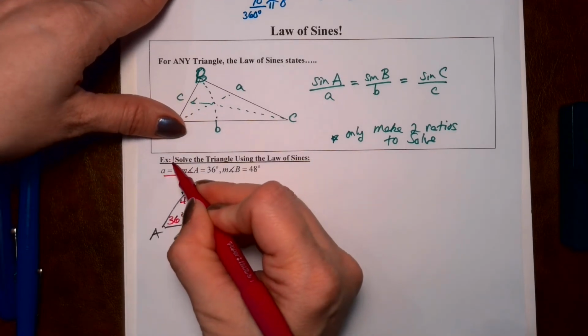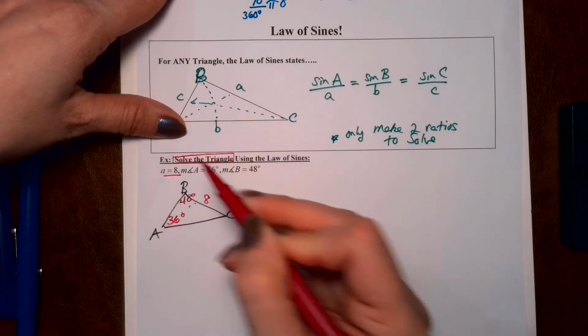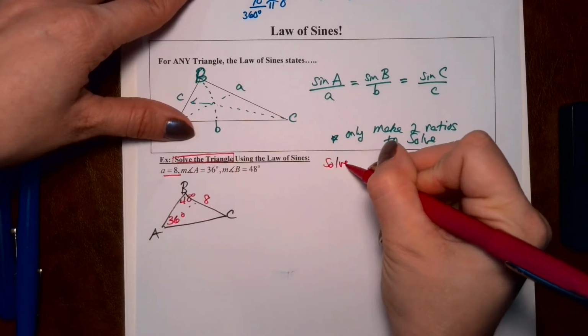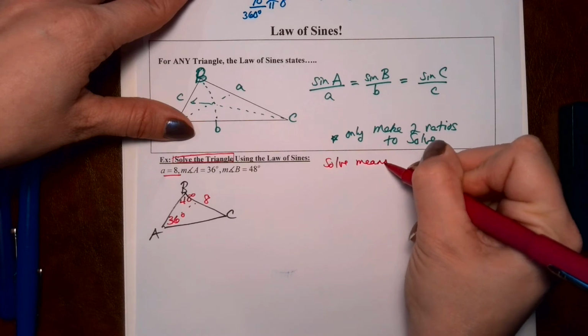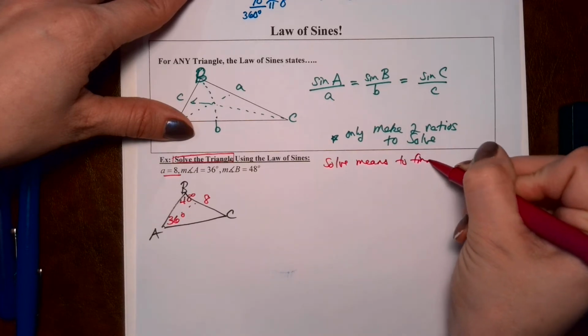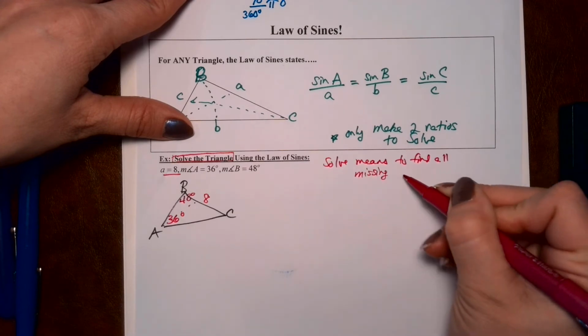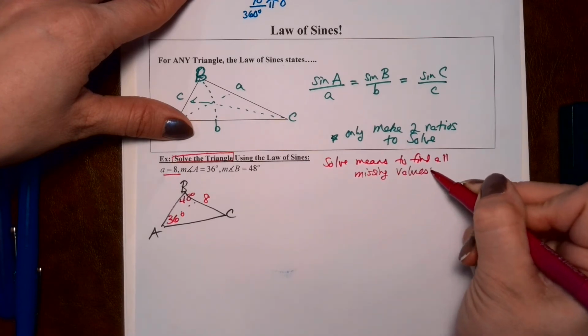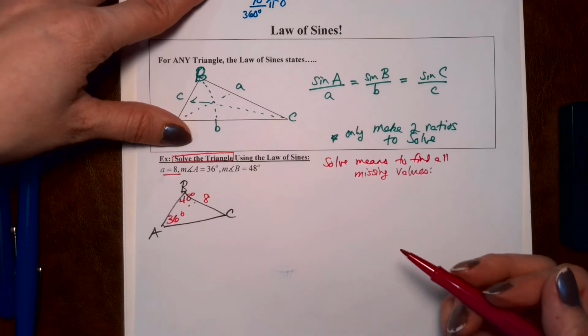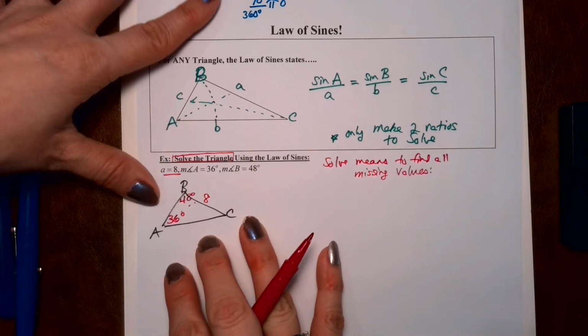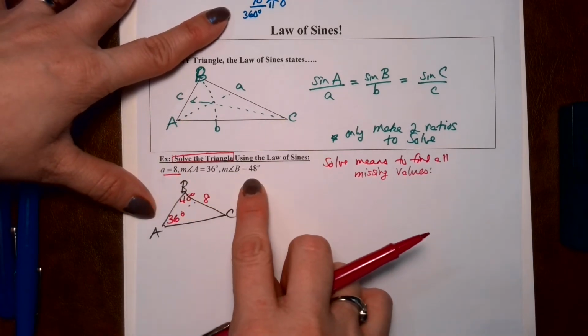When it says solve a triangle, solve means to find all missing values. So that could be the sides or the angles. There's 6 parts to a triangle, and they just told us 3 of them.